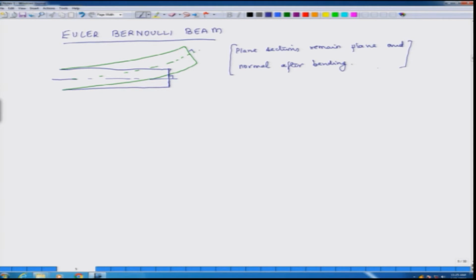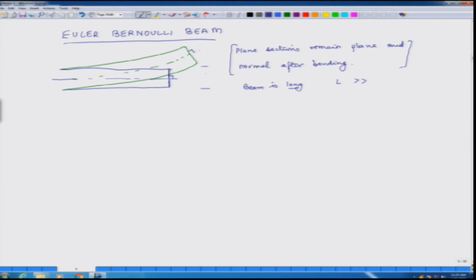This type of deformation is there when the beam is long. And what does long mean? That the length of the beam is very large compared to its thickness.